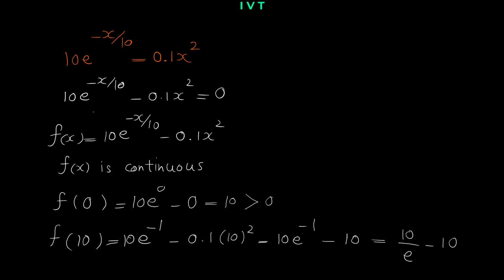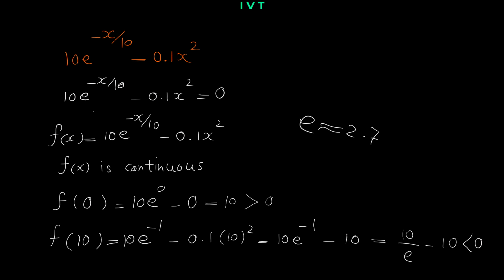Because e to the negative 1 is the reciprocal of e, or 1 over e, we can rewrite it this way. Now without the calculator, you can simply see why 10 over e minus 10 is negative. Because e is approximately 2.7, if we divide 10 by 2.7, it would be smaller than 10. So if we subtract 10 from that, it would be negative.